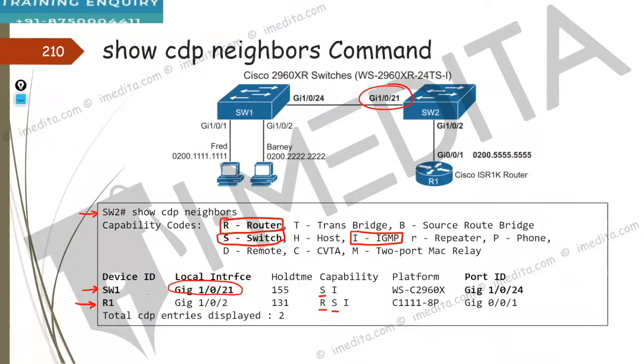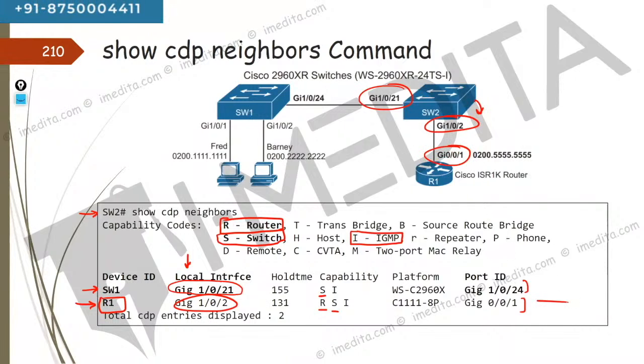And apart from that, you can see that we have the local interface information, like switch 2 knows that this interface gig 1/0/2 has a device connected to it. But along with that, it also has information about some of the other interfaces. So it knows that from R1's side, the interface is gig 0/0/1. So it is the remote port ID that also is informed to switch 2.